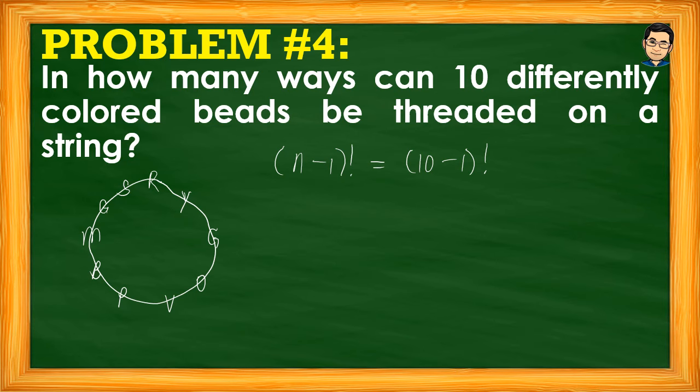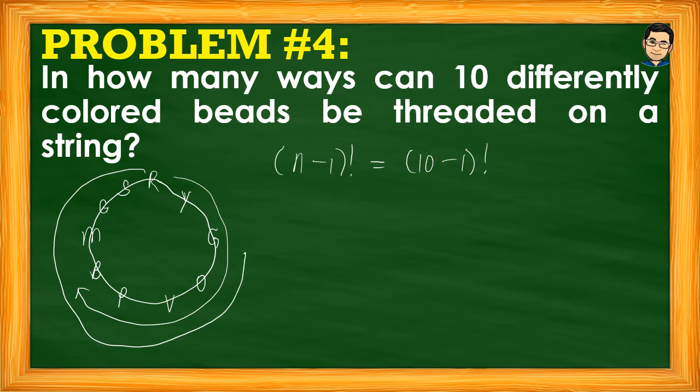Ibig sabihin, pwede po nating papunta dito o pwede rin namang after ng R, papunta doon. Okay. So, ang gagawin lang po natin doon, i-divide lang po natin sa 2. Okay? 2 factorial.